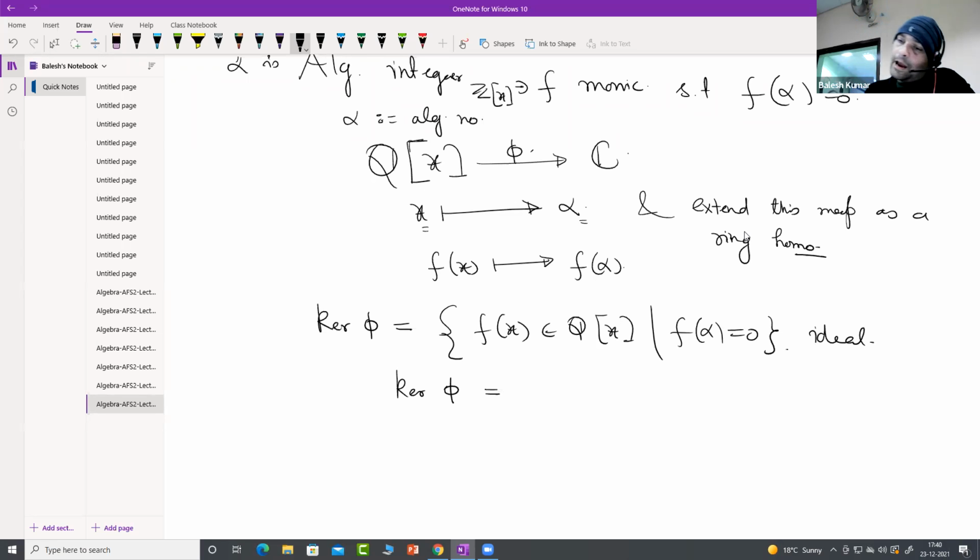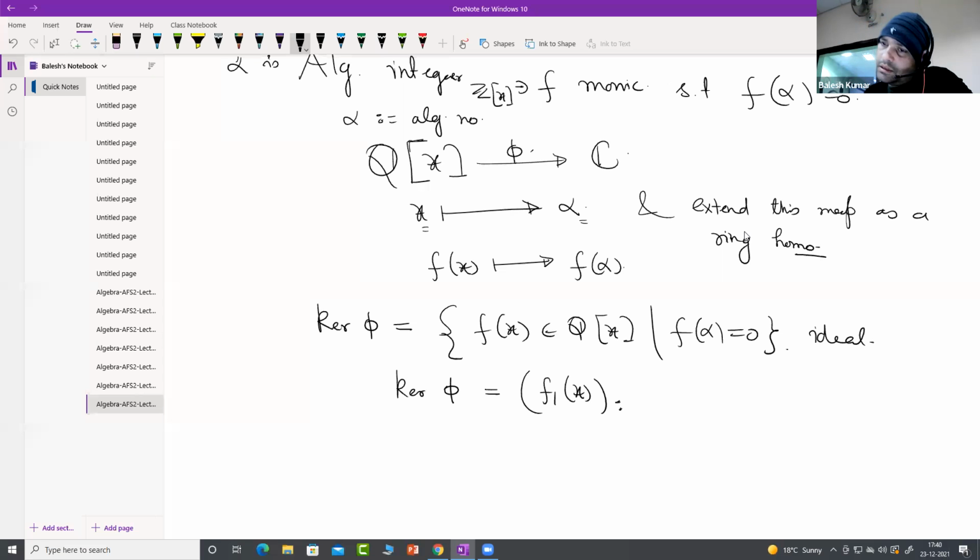And that single element is actually what we would like to find here. So the kernel of phi will be generated by, let's say, a single element f1 of x. Now the question is, what is f1 of x?